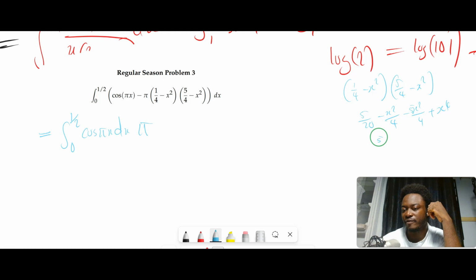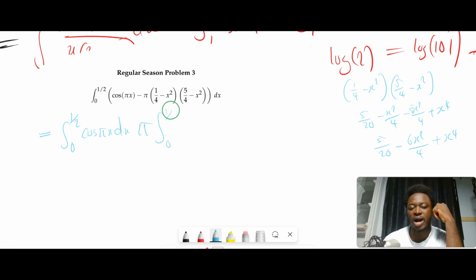So this is 5 over 20 minus 6x squared over 4, and then plus x to the fourth. So that would be pi times the integral from 0 to half of 5 over 20, then minus 3 over 2 x squared, and then plus x to the fourth dx.